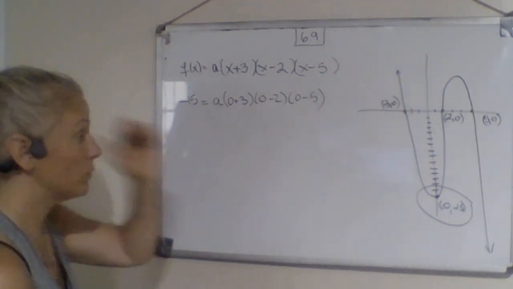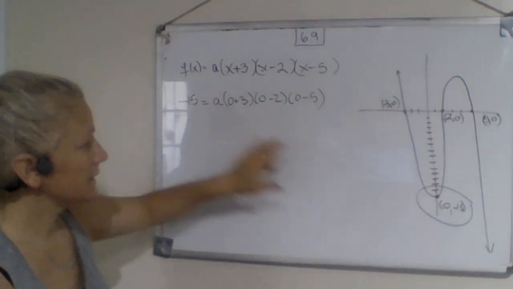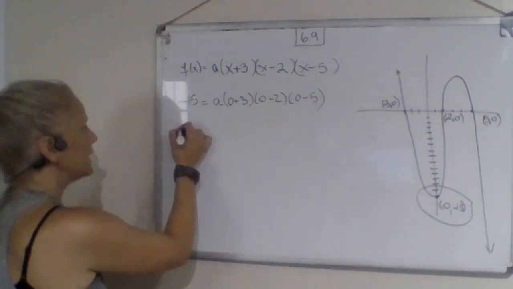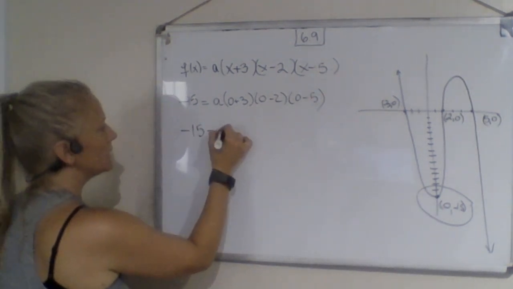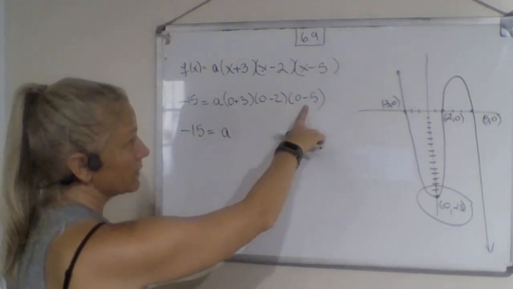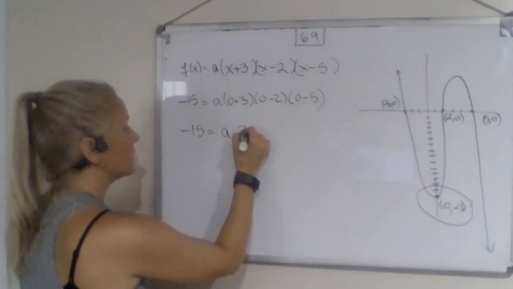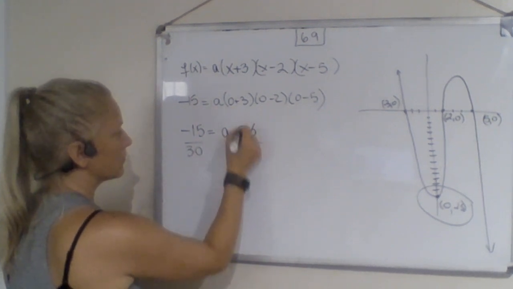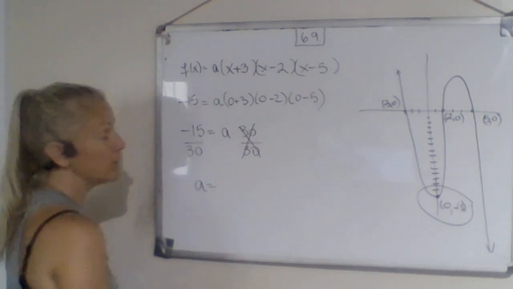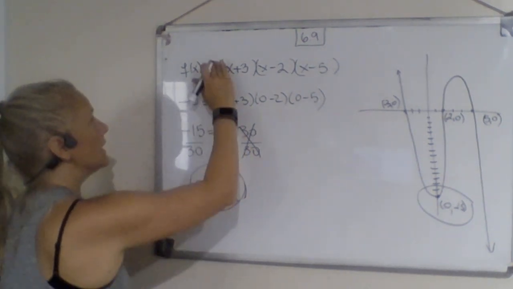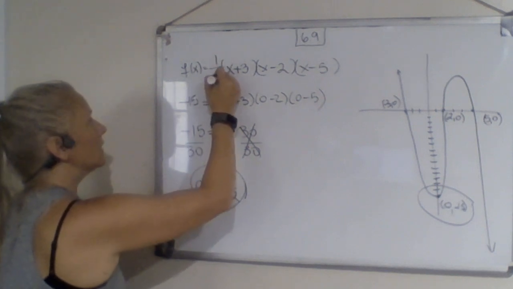I put the y instead of f of x, and I put the 0 instead of all the x's. This becomes negative 15 equals a times 3 times negative 2, negative 6, times negative 5, which is 30. I divide the 30 out. a is negative 15 over 30, or negative 1 over 2. I take this and put it in here, and you're done.